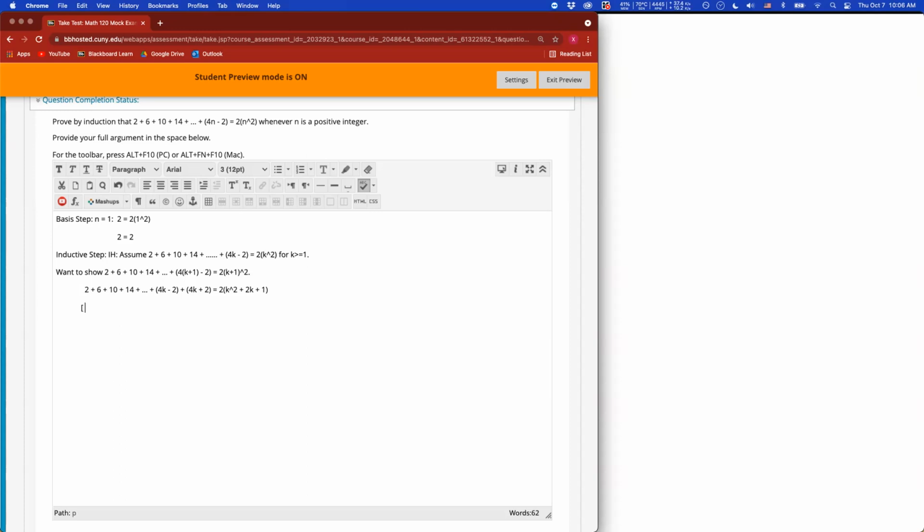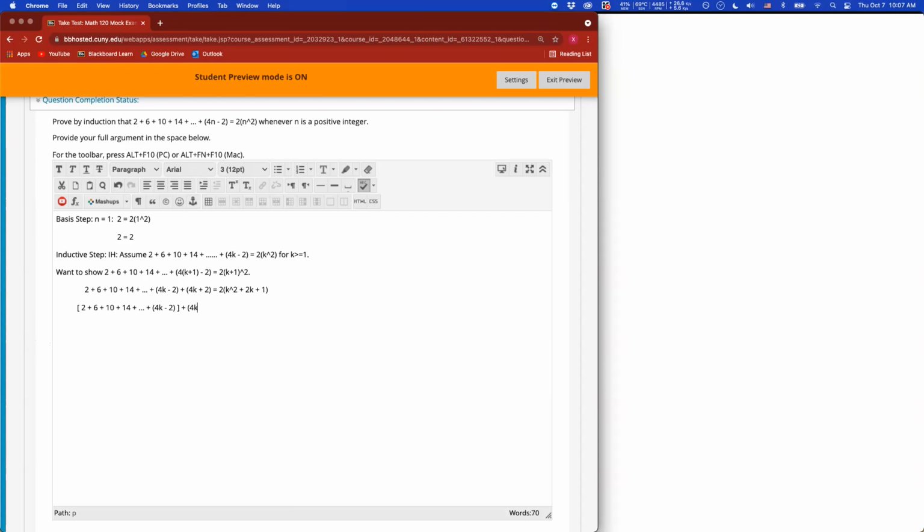Now you see, here is your sum of the first k terms.